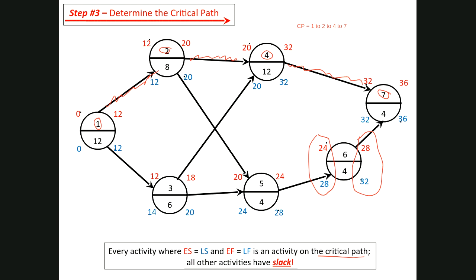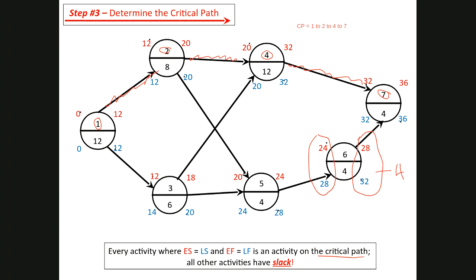You'll notice that in both of these cases, the difference between these two is 4 weeks. All right. So the earliest task 6 can start is time 24. The latest it can start is 28 without delaying the project.